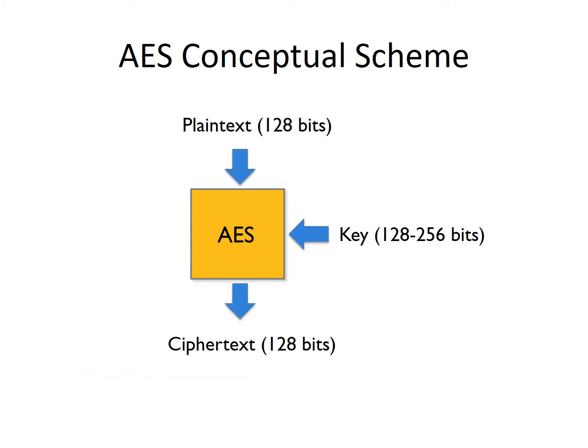For Advanced Encryption Standard, the block size which we are using is 128 bit. So the plain text block size is 128 bit. Of course, the ciphertext block size will be 128 bit itself. And there is an option in AES that we can use a key of size either 128, 192 or 256.